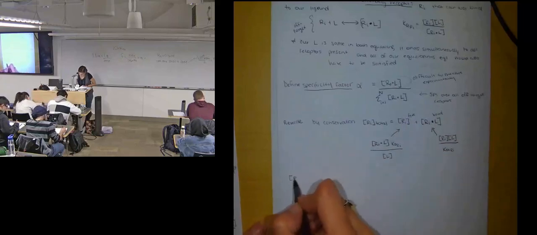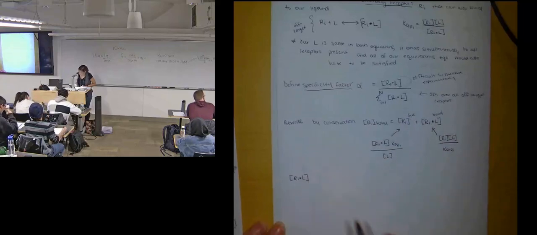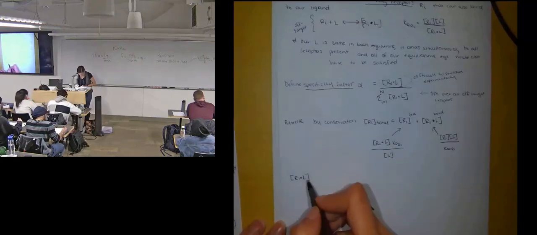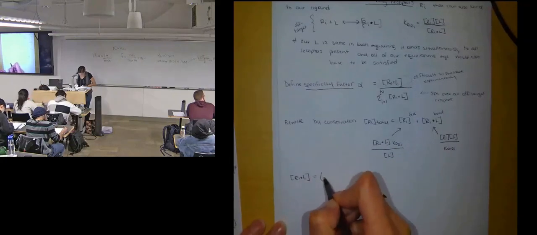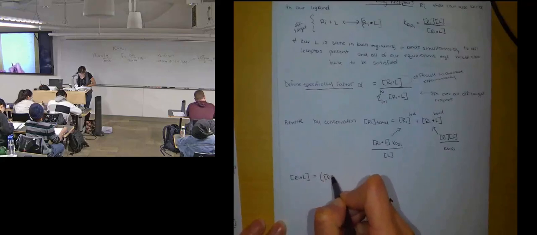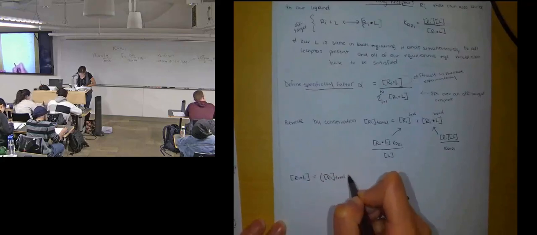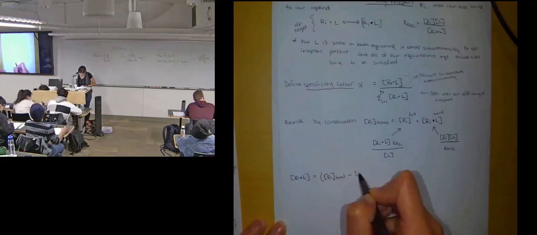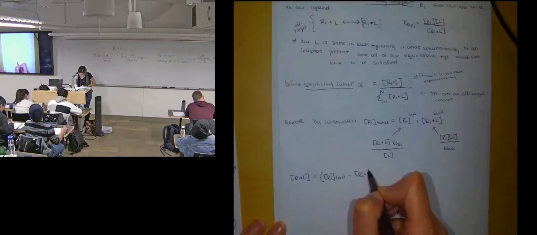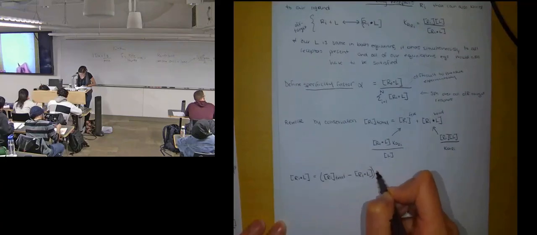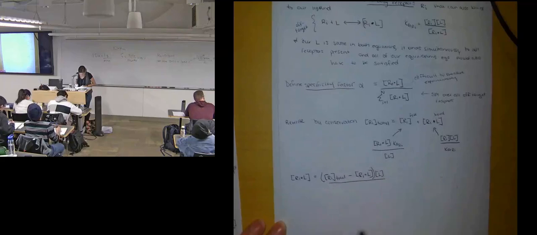So now I have the concentration of my off-target complex equal to the total concentration of that minus the complex concentration times the ligand concentration all over.